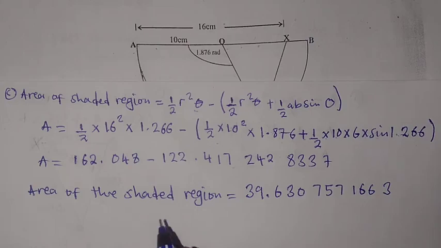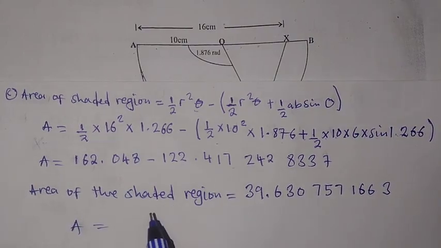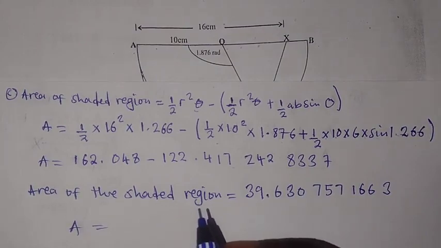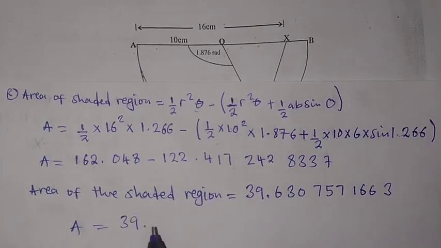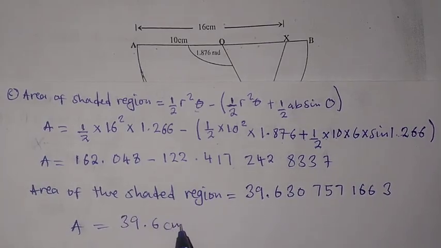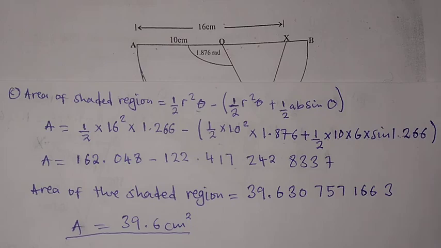So in our conclusion, you say area equal to, we can write it to three significant figures, which would be 39.6 square centimeters. This is the area of the shaded region.